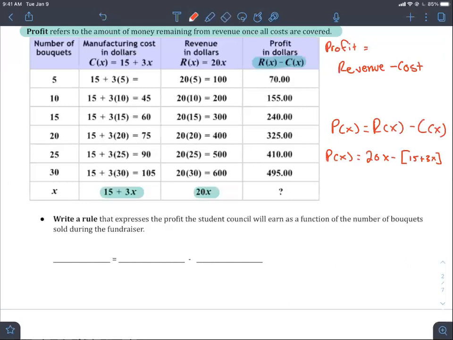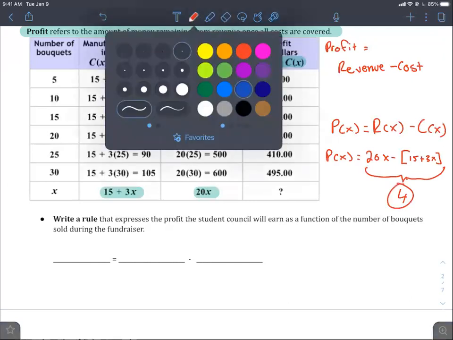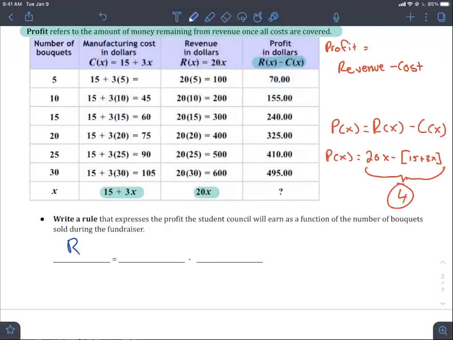Now I would like you to simplify this for question 4. For question 4, you're going to have profit of x equals something minus something. This should be a 2-term equation once you have properly simplified this.